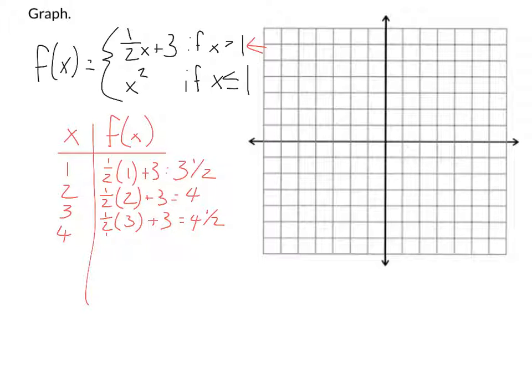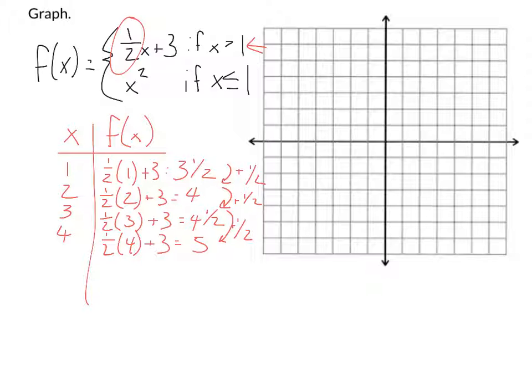Then half of 4, which is 2, plus 3 gets me 5. Notice that each time I go up in my y value, I go up by 1/2. And that has everything to do with the fact that 1/2 is the slope for that linear equation.